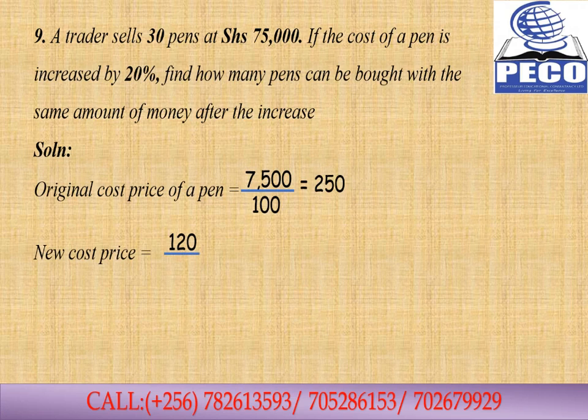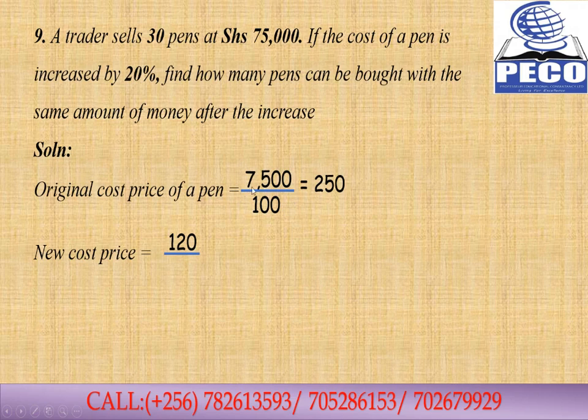So the original cost of a single pen, because we have 30 pens being sold at 75,000, we shall get 75,000 divided by 30, not by 100, but by 30.